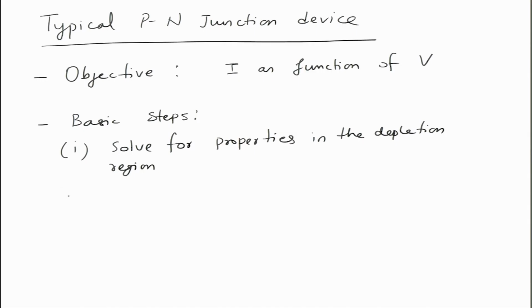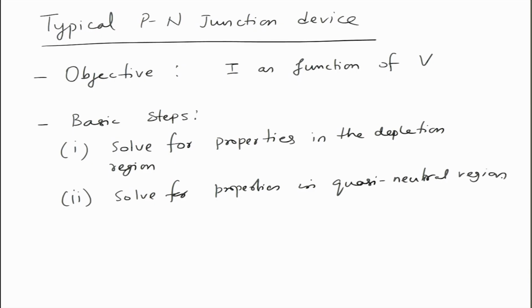Then we solve for properties in the quasi-neutral regions, which is the bulk region, okay, because now they do not remain neutral, they become quasi-neutral because you have flooded this with light, okay.